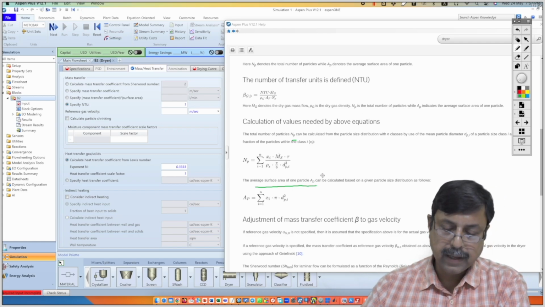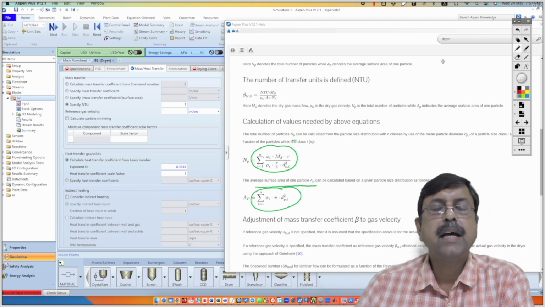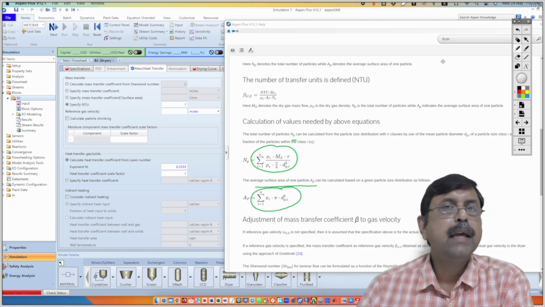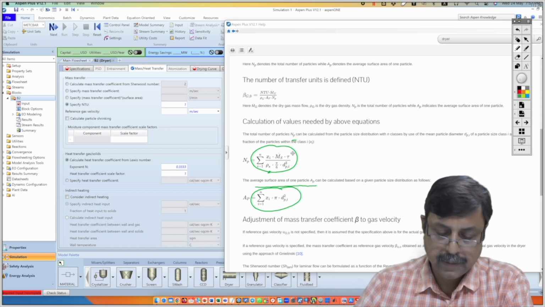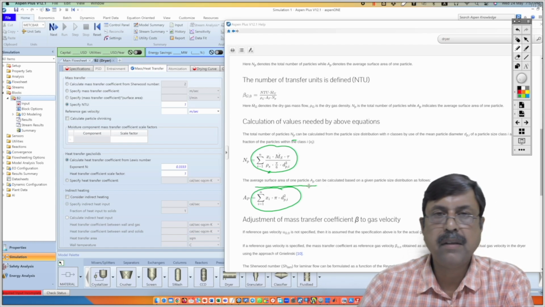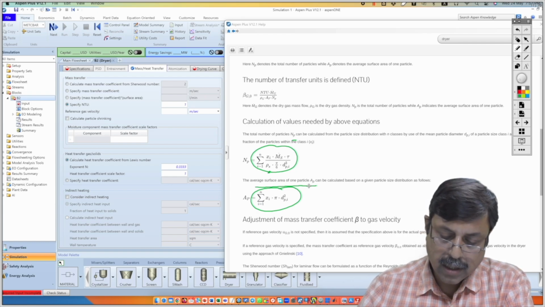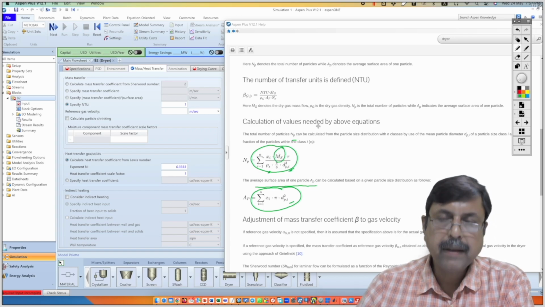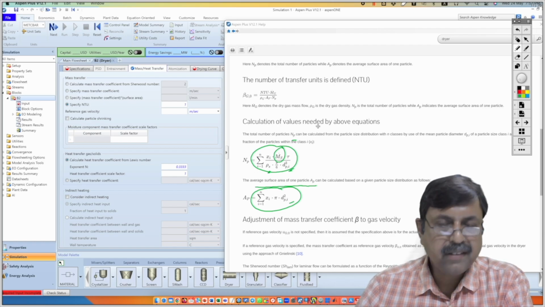And these two things are calculated based on the data, and most of the data are obtained from either the particle size distribution or the property database, such as this solid density. Solid density is available from property database, and the particle size distribution, you can find out the dp, okay, xi, and ms dot, this is the flow rate of the solid. Okay, so these informations are there.